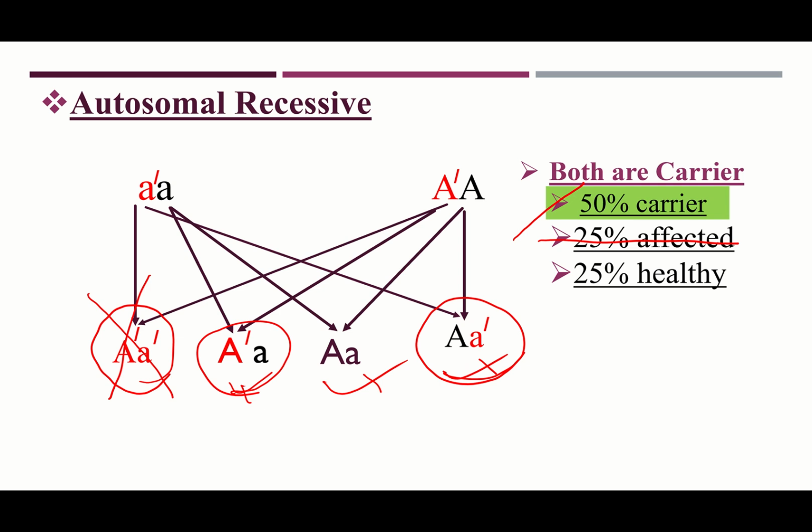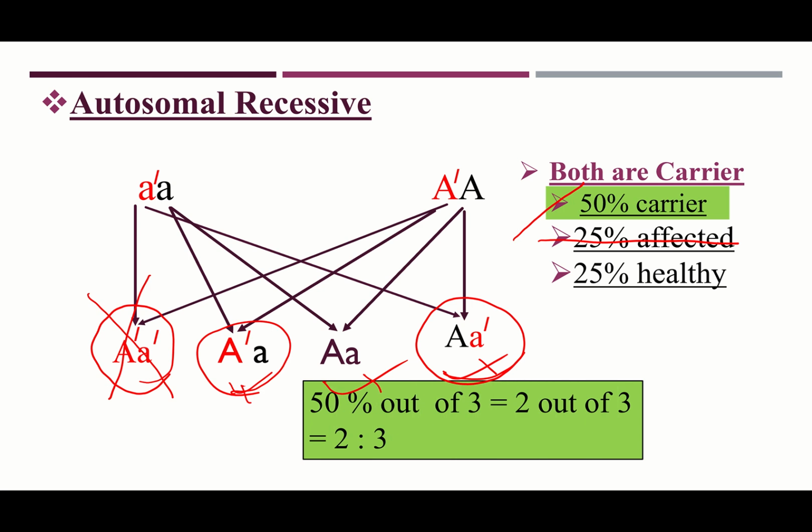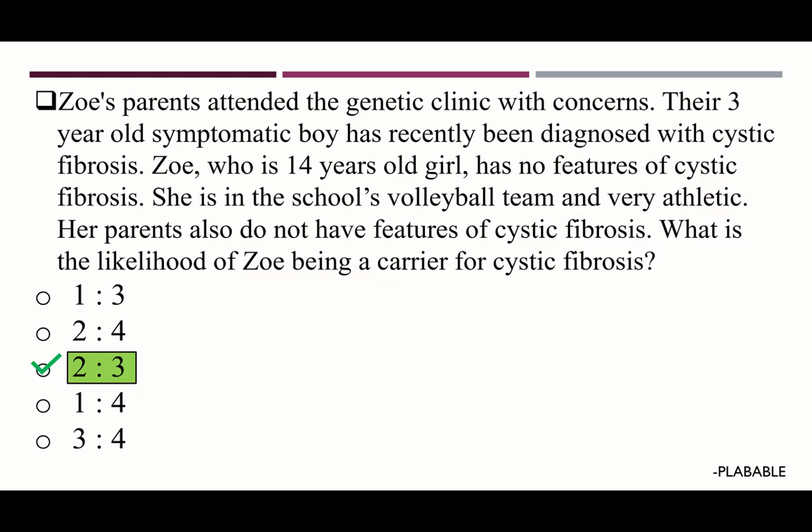So the result is 50% of 3 outcomes, which means 2 out of 3, or 2 is to 3. That is your answer. Since she is already 14 years old with no features of cystic fibrosis, it can safely be said, 100%, that she will no longer have cystic fibrosis.